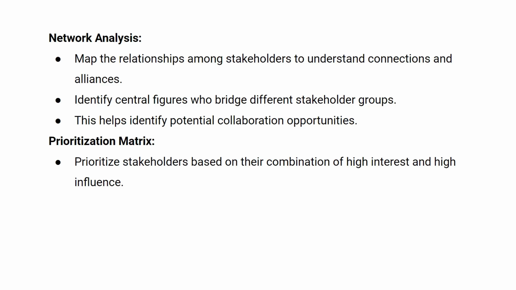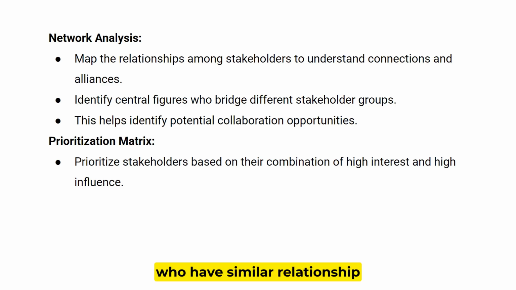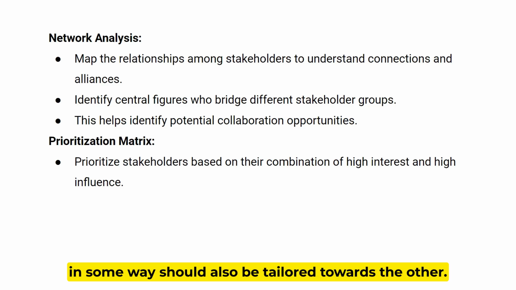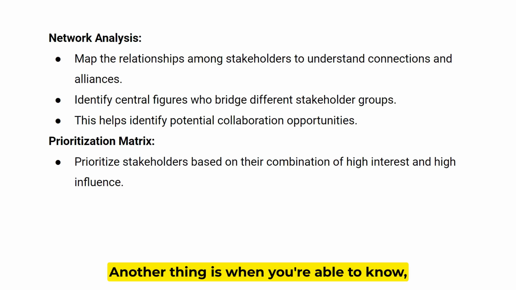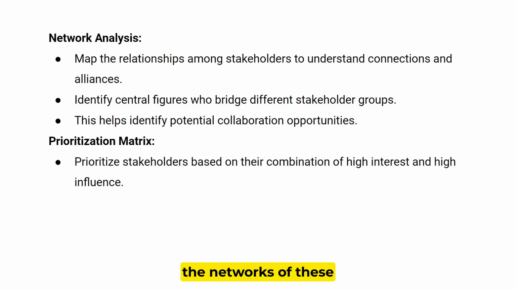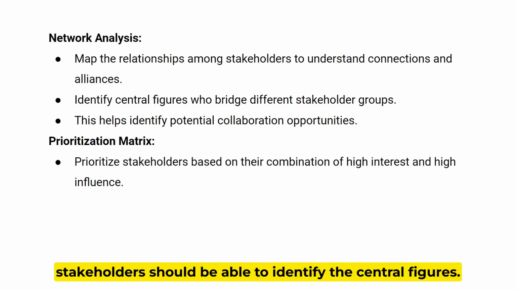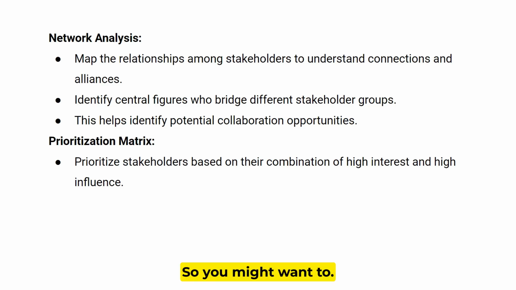So whatever is tailored towards stakeholders who have a relationship in some way should also be tailored towards the other stakeholders. Another thing is when you are able to know the networks of these stakeholders, you will be able to identify the central figures. So you might want to approach the central figures.